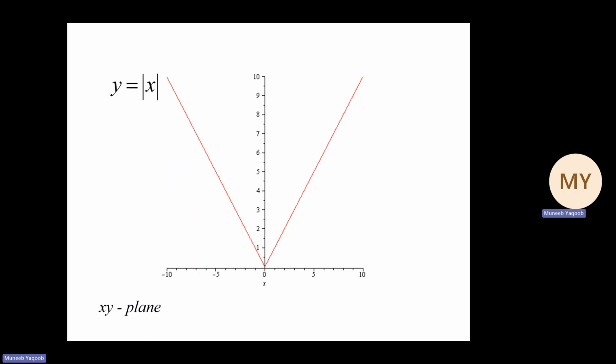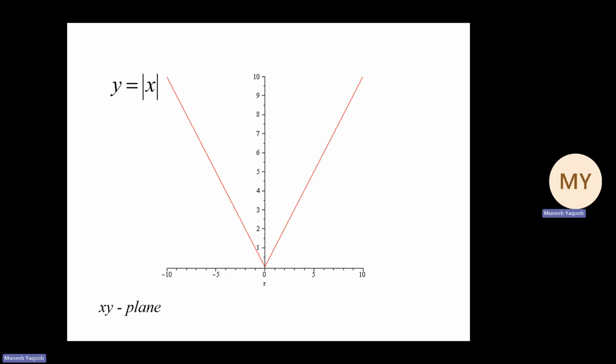But due to this modulus function, that portion of the graph which was in the third quadrant, basically below the x-axis, is reflected in the x-axis. So rather than being drawn below the x-axis in the third quadrant, it came up in the second quadrant due to a reflection in the x-axis.